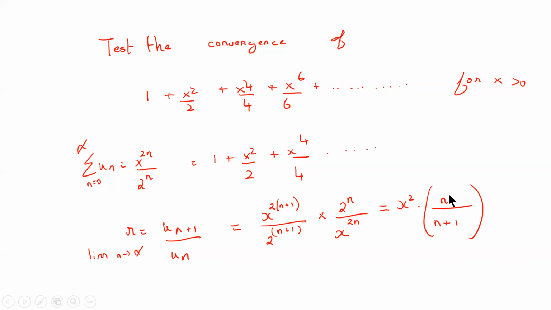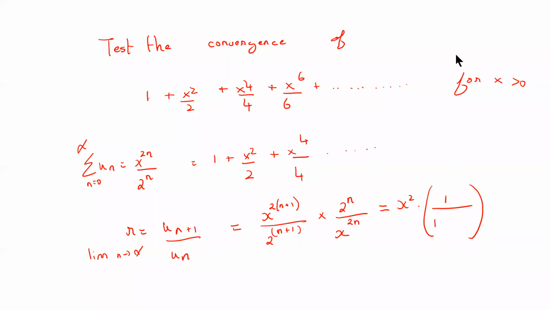Now I divide by n in the numerator and the denominator of the term in the bracket. I get 1 on top, 1 here, and 1 by n here. When n is going to infinity, this term 1 by n becomes 0. So the ratio that you get is x square.